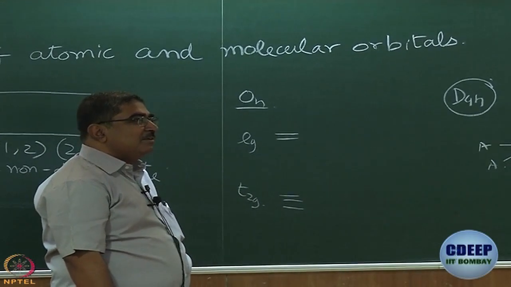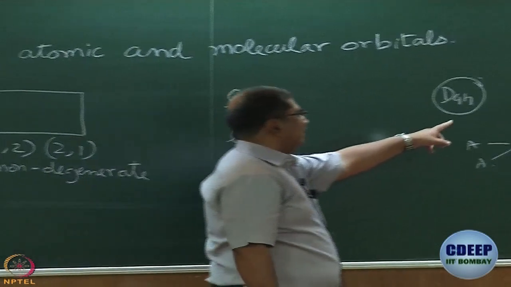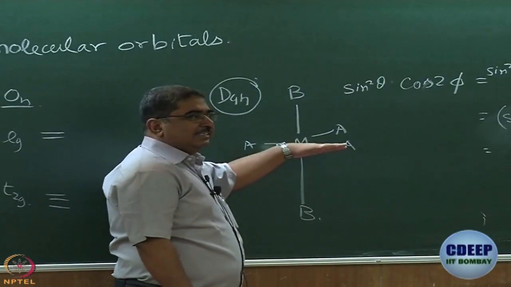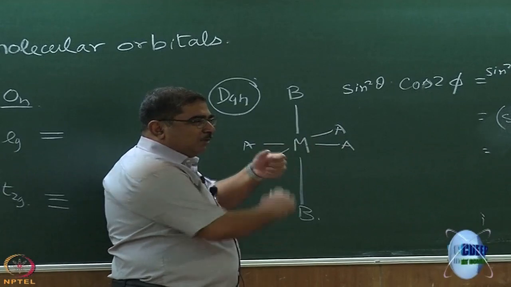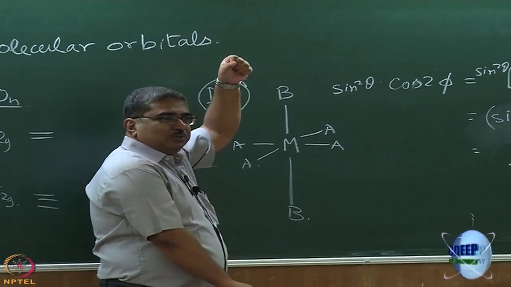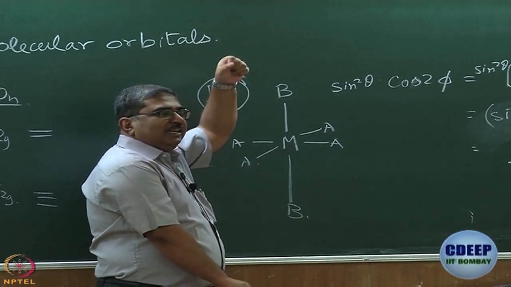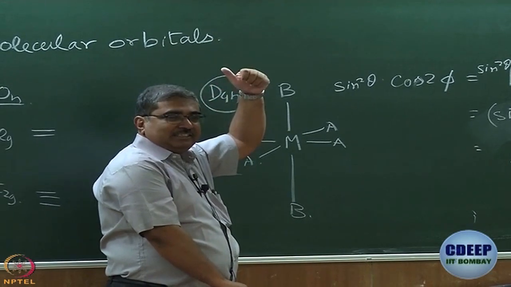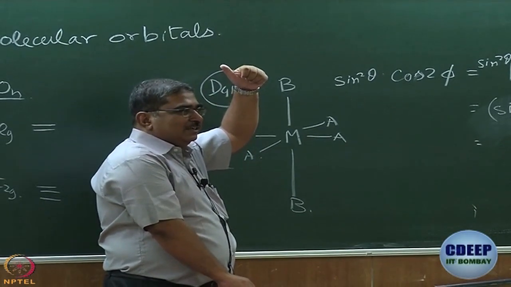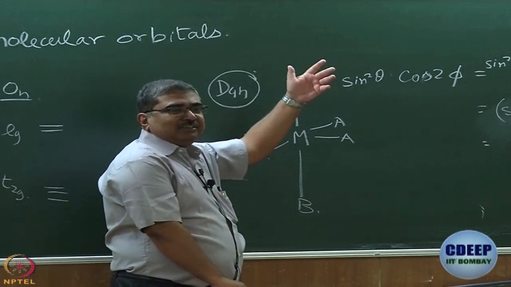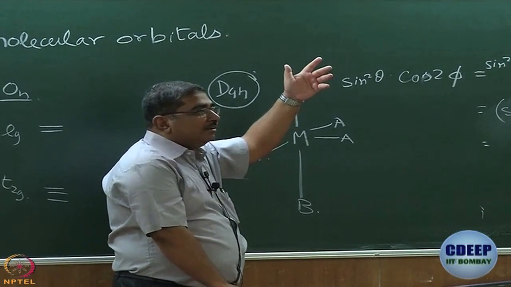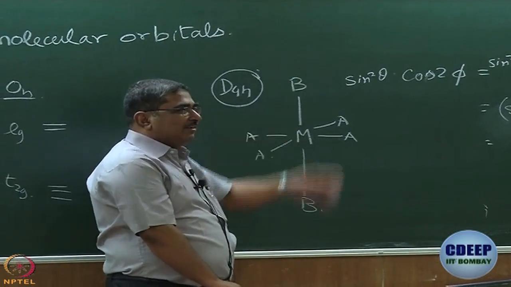yes, one is z, so this is z direction, this plane is xy. So, I am pulling the ligands along z out. So, increased electrostatic interaction for z or decreased? Decreased, right. So, will that be stabilized or destabilized? Stabilized, right.